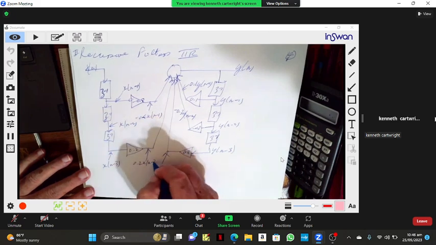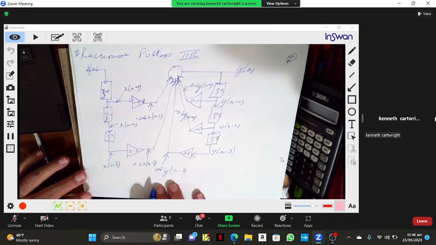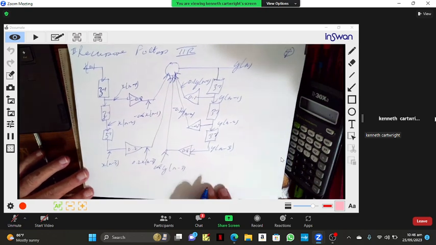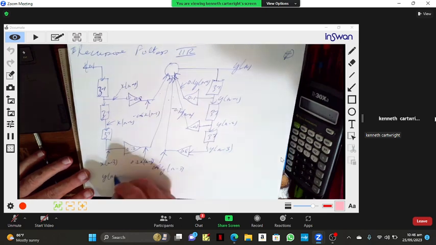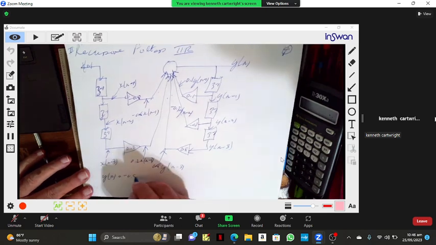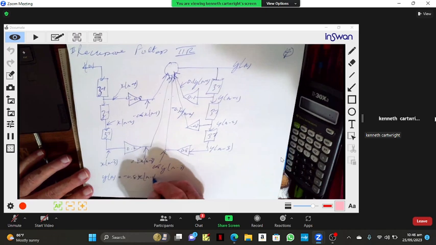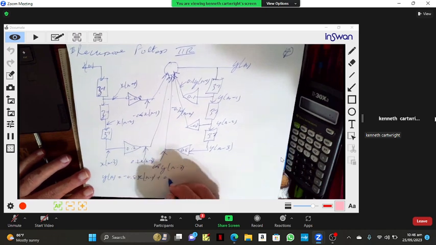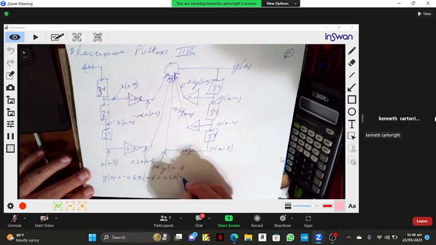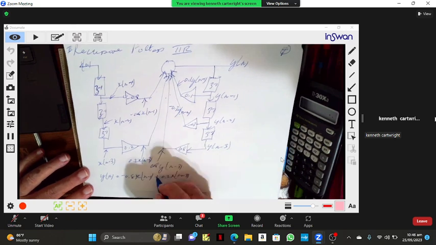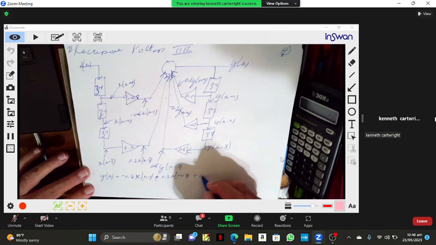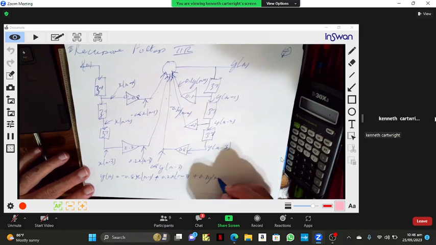So y of n is a sum of 5: 1, 2, 3, 4, 5. Y of n equals negative 0.8 x of n minus 1 plus 0.2 x of n minus 3 plus 0.1 y of n minus 1.